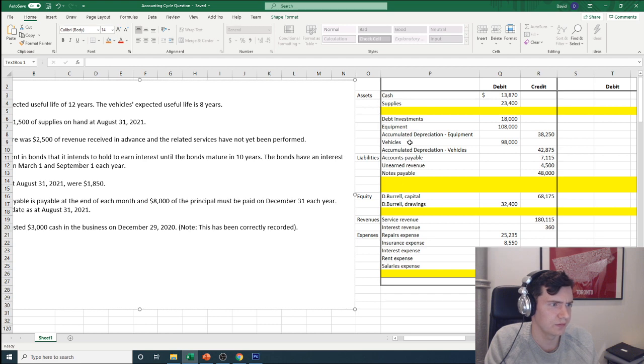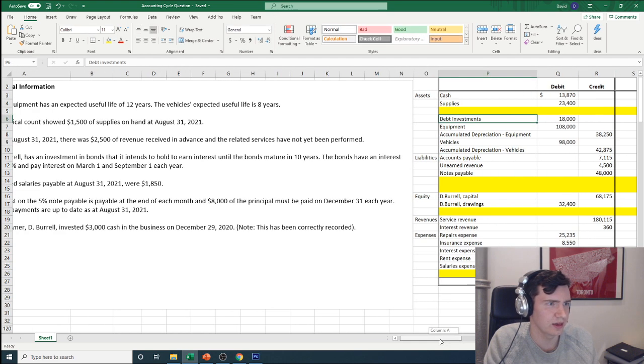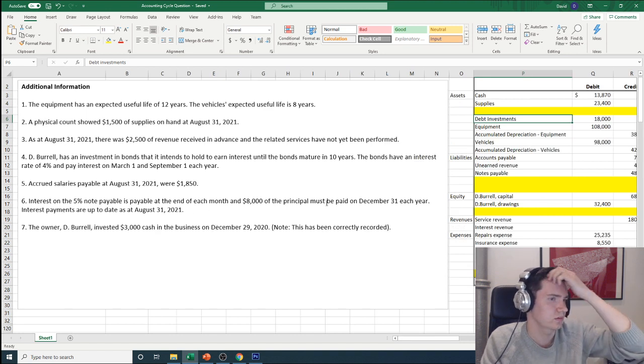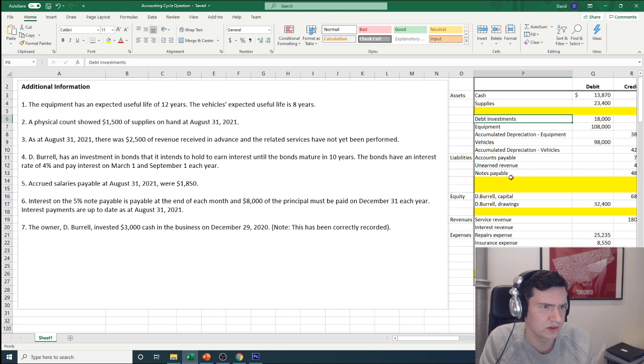The debt investments are 18,000. Actually, I think I should be looking at the bonds. Is there a bonds payable account here? Should be debt investments. It's weird that they're classified in the current assets, but I won't worry about that.